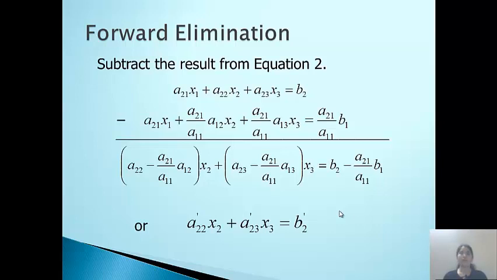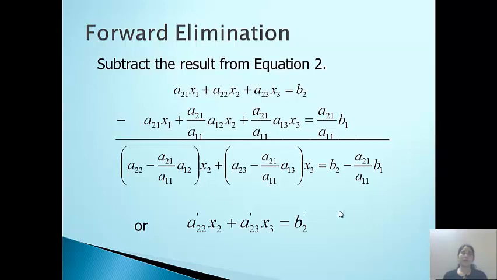Now subtract the result from equation 2. Equation 2 is a21 x1 plus a22 x2 plus a23 x3 equal to b2.